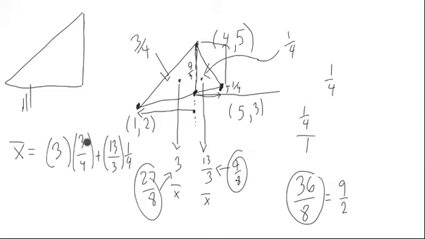So we get 9/4 plus 13/12, and that would be 27 plus 13, which is 40/12ths, which is the same as 10/3. So X bar should be equal to 10/3.